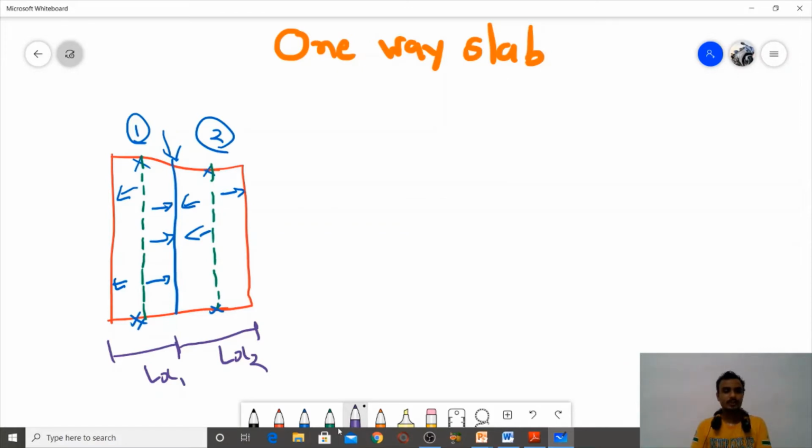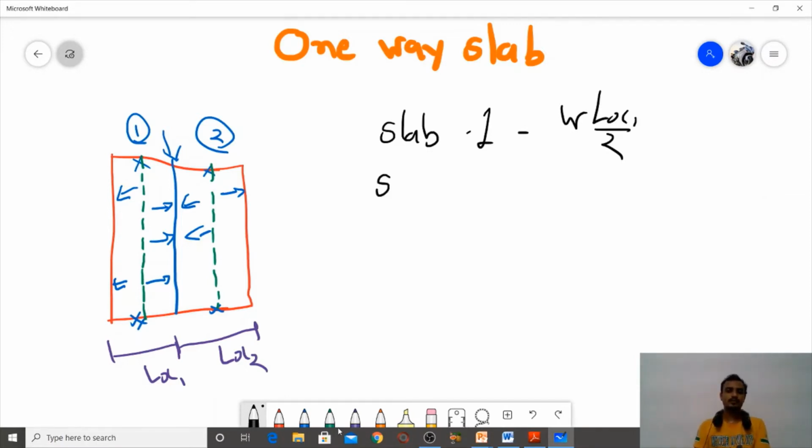So in the one-way continuous slab, the slab 1 load is w Lx1 by 2, and the slab 2 load is w Lx2 by 2. These are the two loads which transfer from the slab to beam for the one-way continuous slab.